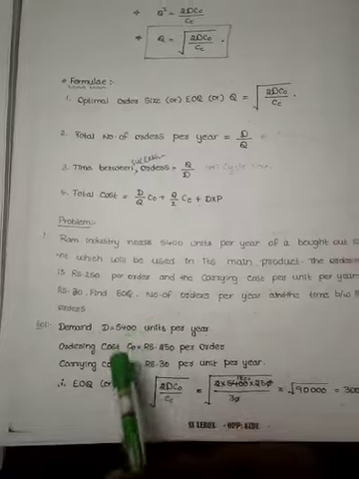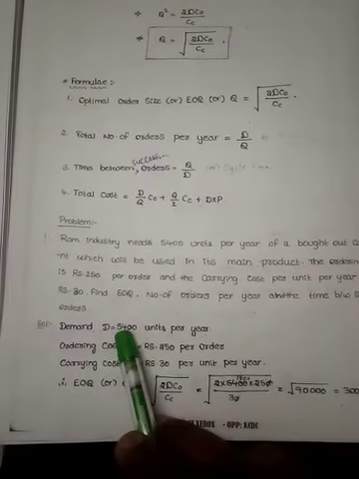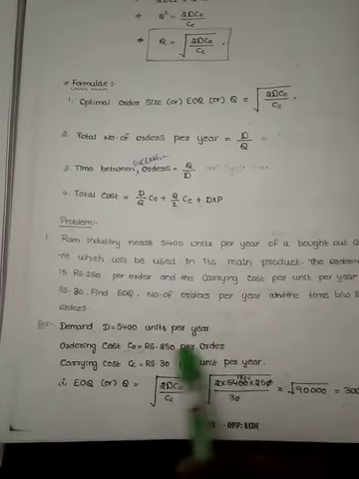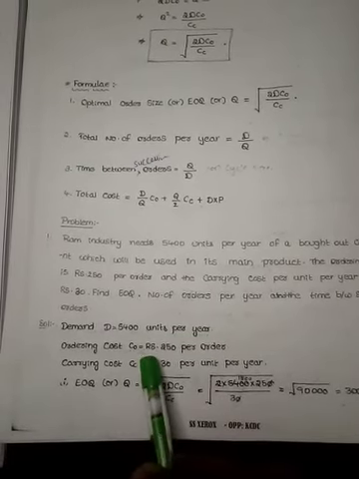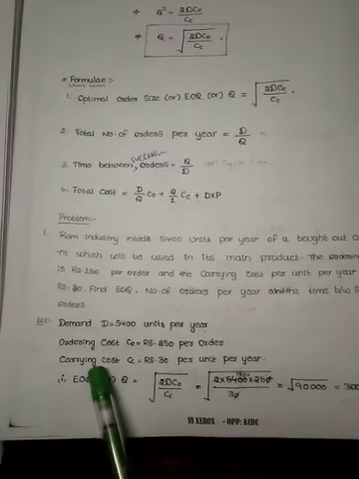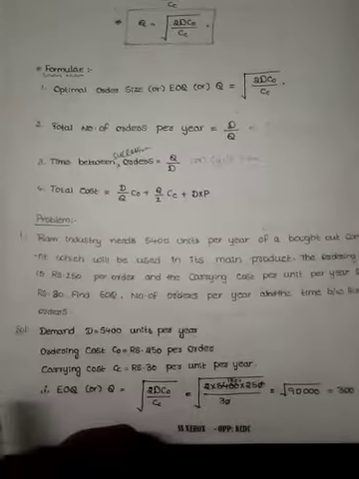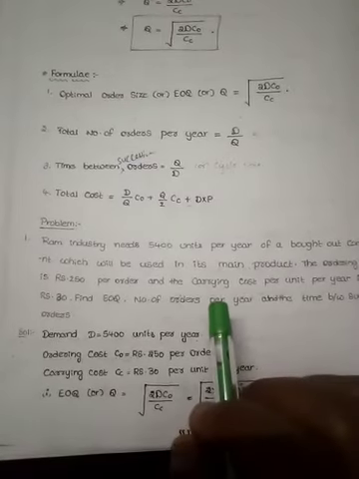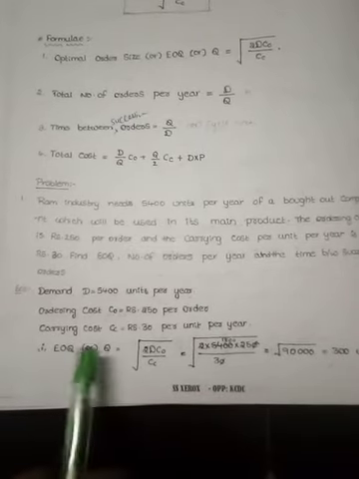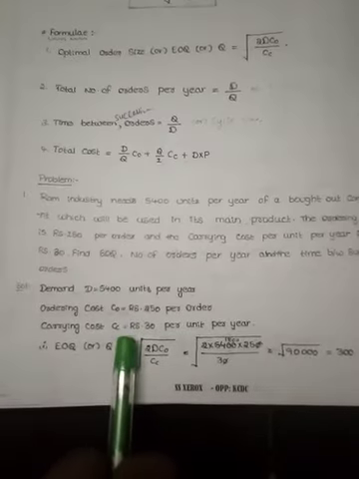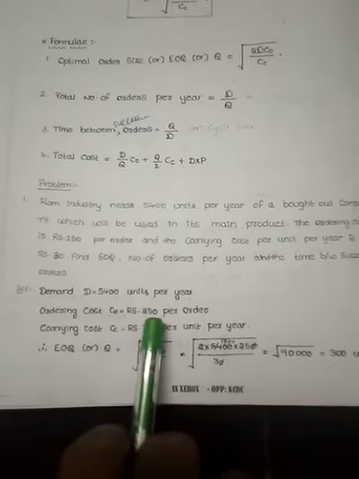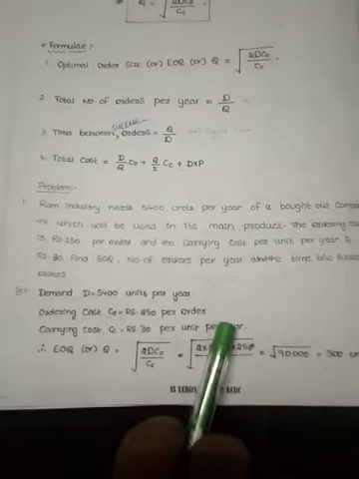Given that demand D is equal to 5,400 units per year. Ordering cost C naught is equal to 250 rupees per order.